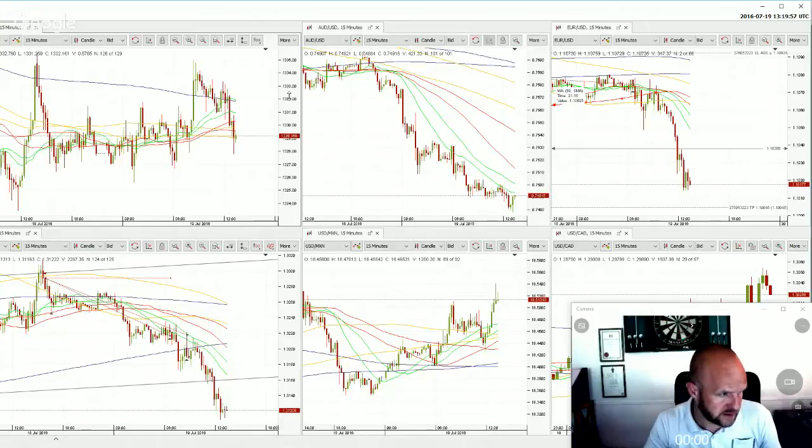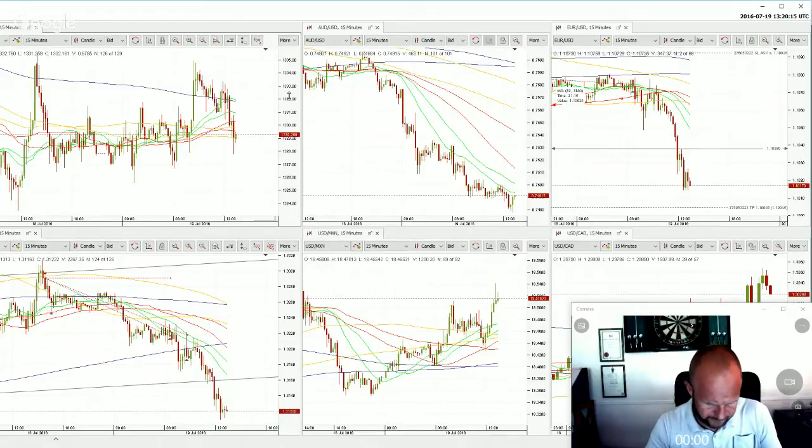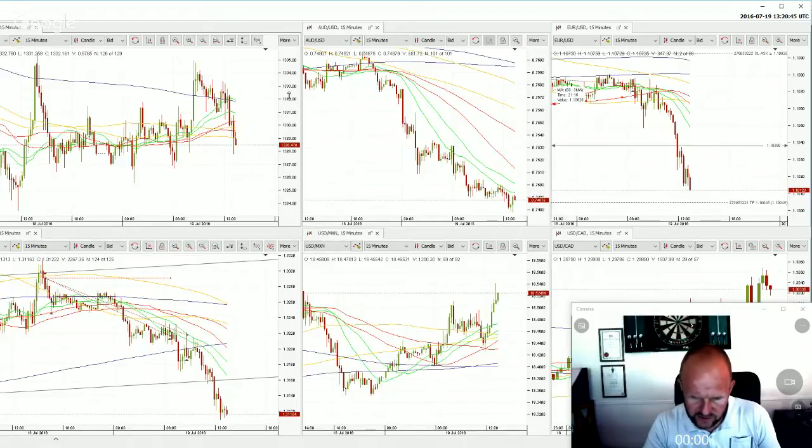Just a second. Wait. The thing I don't really like is that most of the traders don't really know how to use it, and what it is and how valuable it is.